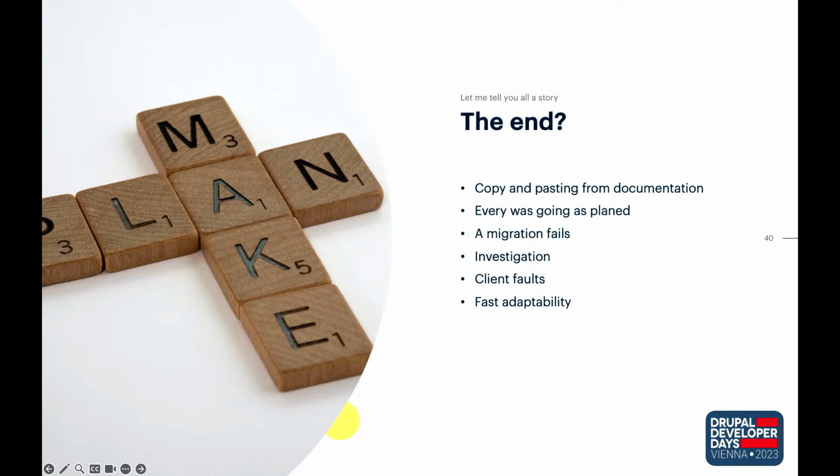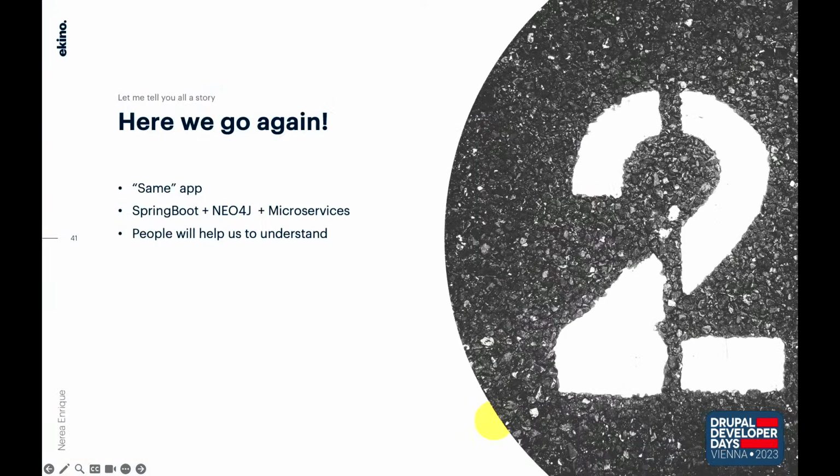And that's my first experience with migrate, which didn't go very well because of too much load of work. And I thought I was finished with it, but I wasn't. The next one that came up was not Drupal to Drupal, it was Java to Drupal. So everything is different with Java, with Neo4j, with microservices. But the thing I was saying to myself is that the logic is going to be the same.